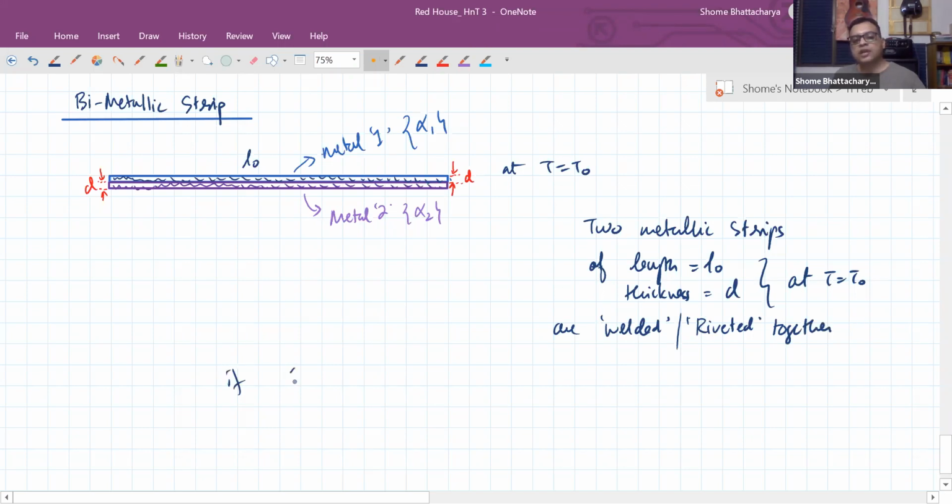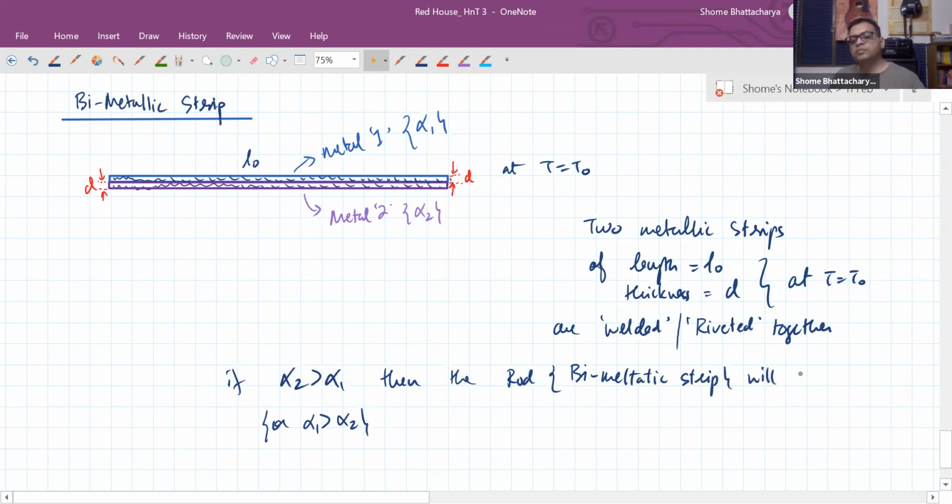Now, if alpha 2, for example, is greater than alpha 1, or it can also be the other way around, but basically they should not be equal, then the bimetallic strip, because it's a double metal strip, will bend at a temperature of T naught plus delta T.